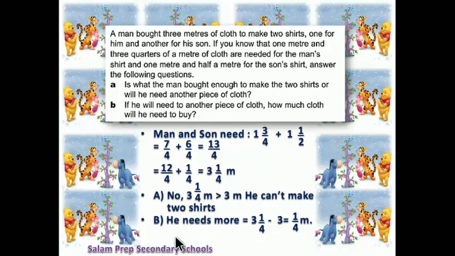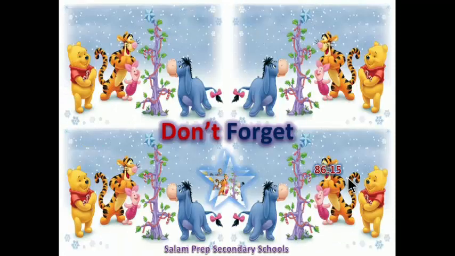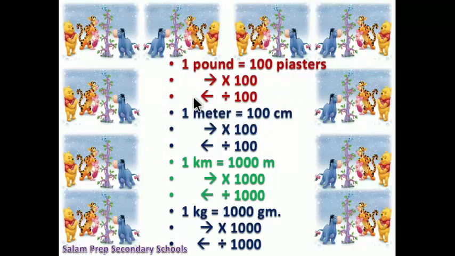So the man needs more pieces of cloth. To know what the man needs more, we do as follows. 3¼ minus 3 equal a quarter meter.